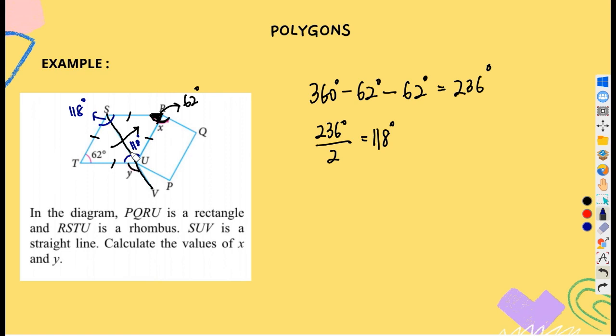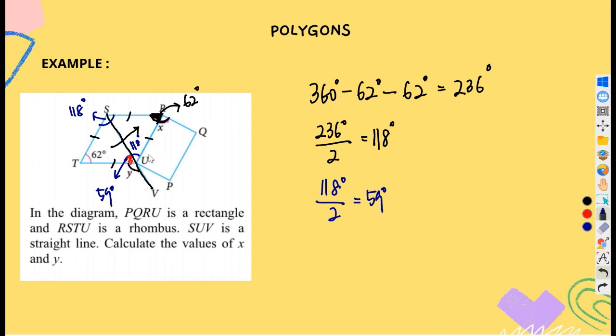Based on the properties of the rhombus, the diagonal is a perpendicular bisector, so we need to divide by 2 here because we want only the angle here. So 118 divided by 2, you will get 59 degrees. So the angle here is actually 59 degrees.